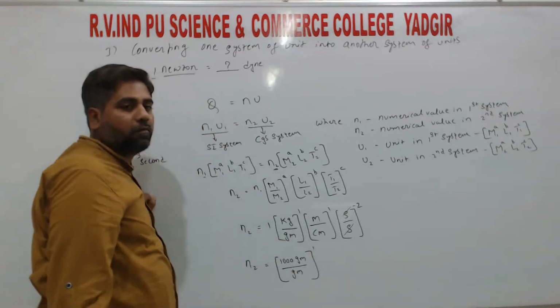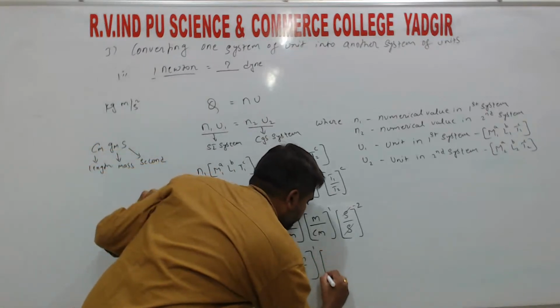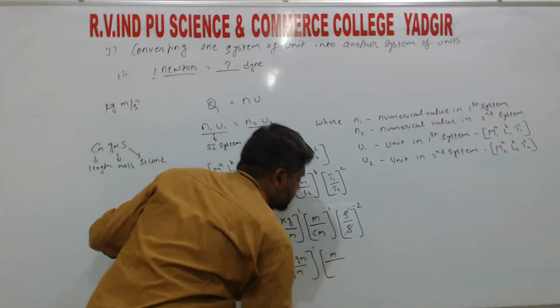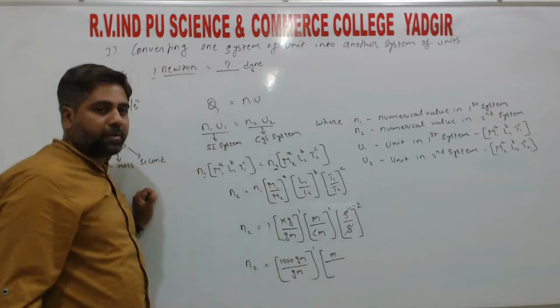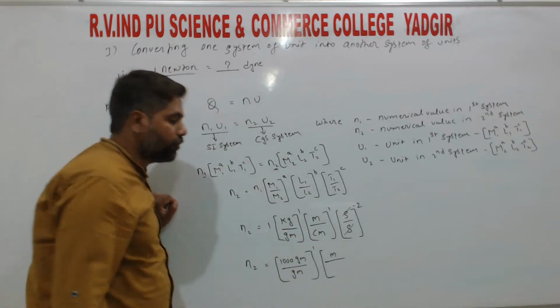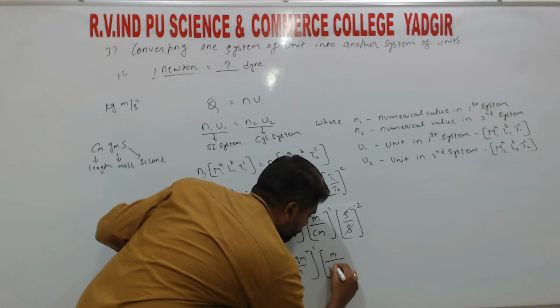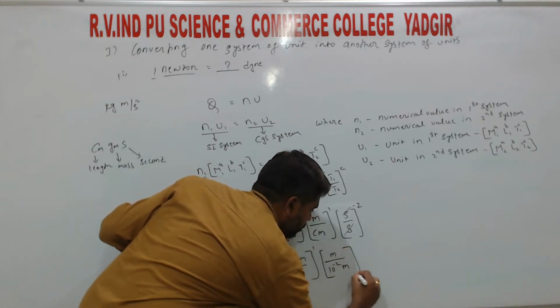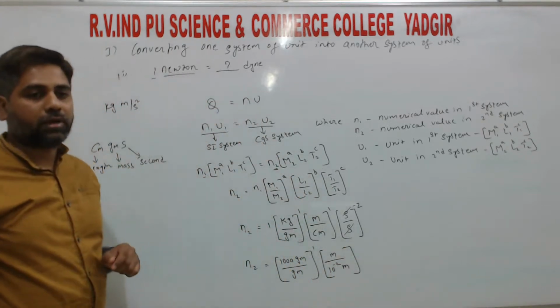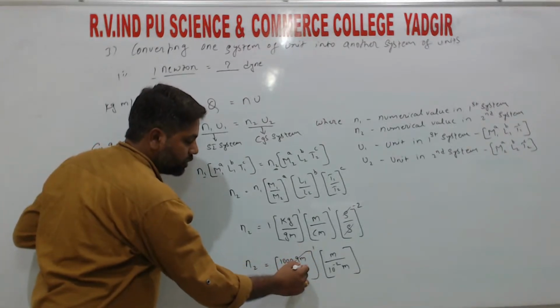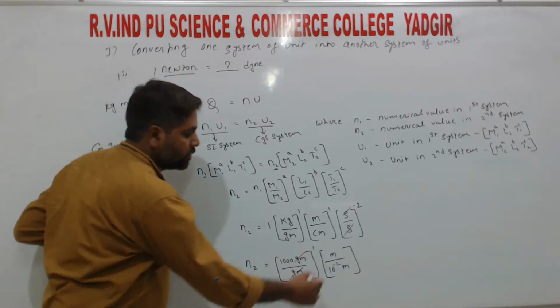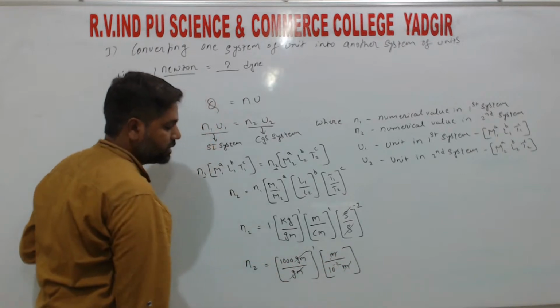So power is 1, right? So keeping meter as it is, in the denominator centimeter. So centimeter in terms of meters, that is 10 power minus 2 meters, right? So gram get cancels. So meter get cancels.